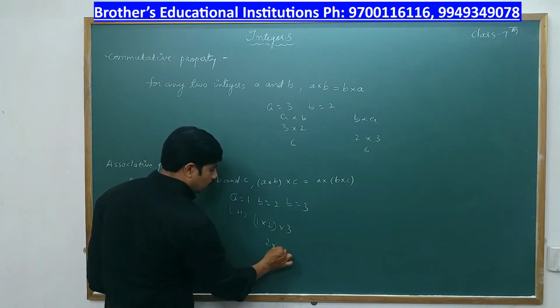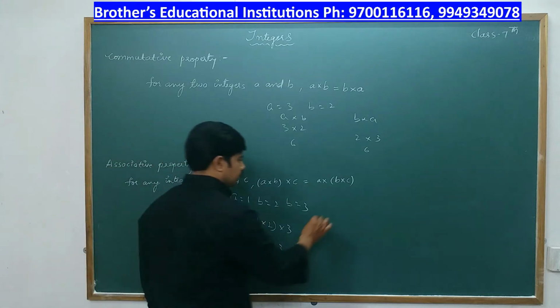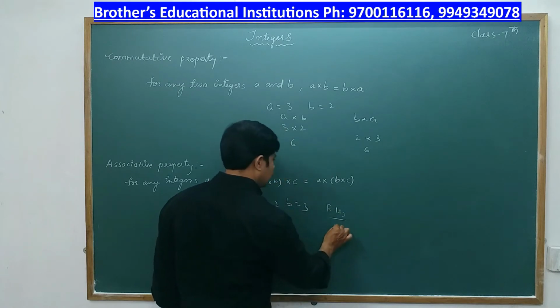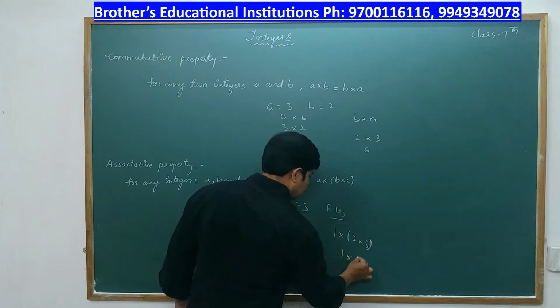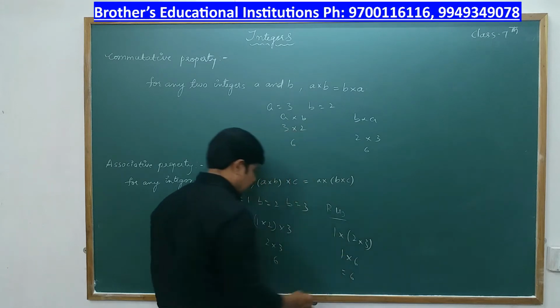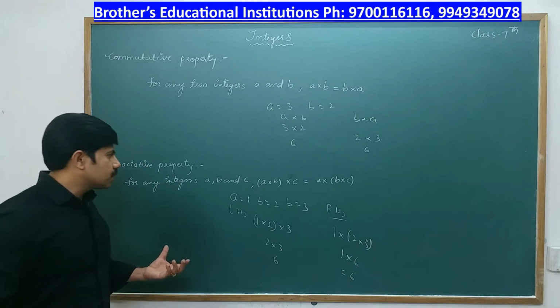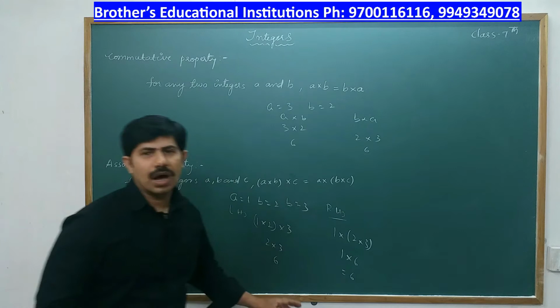So we get 2 into 3, the result is 6. Now we take RHS. RHS is a into (b into c). A is 1 into (2 into 3). So 1 into 6 is nothing but 6. So here associative property holds under multiplication. The reason is we get LHS is equal to RHS.